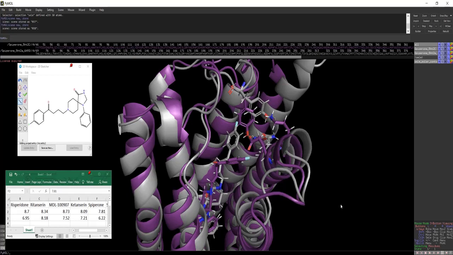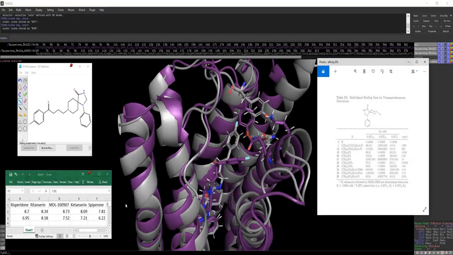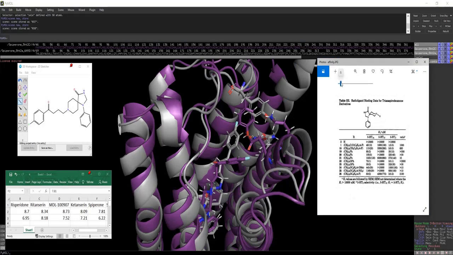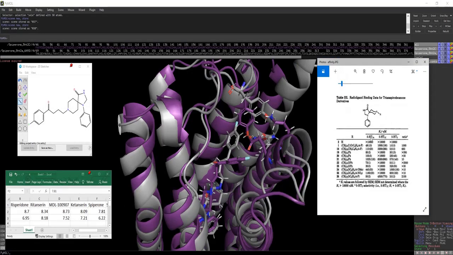And this actually correlates relatively well to structure-activity relationship studies that have been done in the past. If we look here, by itself, this compound does not readily bind to 5-HT2A or 2C. They say 1C, but keep in mind 2C used to be 1C, so it's the same thing here.